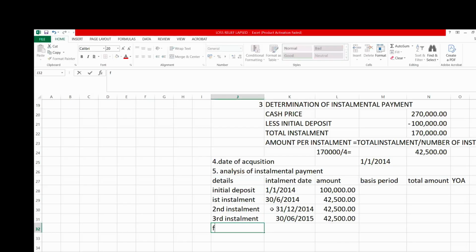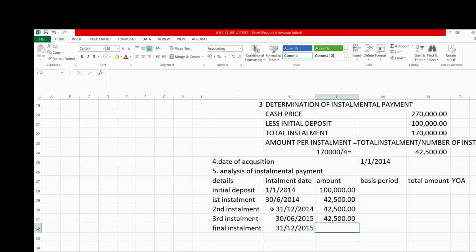Then the final installment, the 4th, will be the next 6 months, which is 31/12/2015, and that will be 42,500.